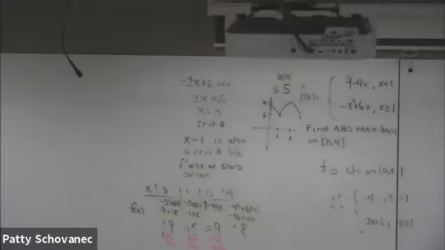Here's one: the arctangent of 6 to the x. What is the derivative with respect to x?